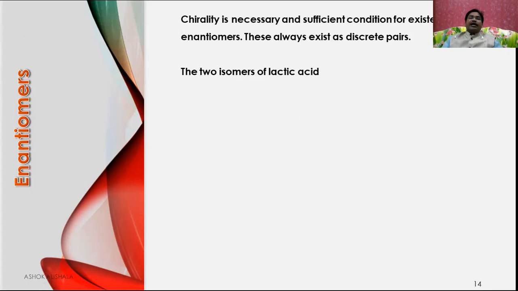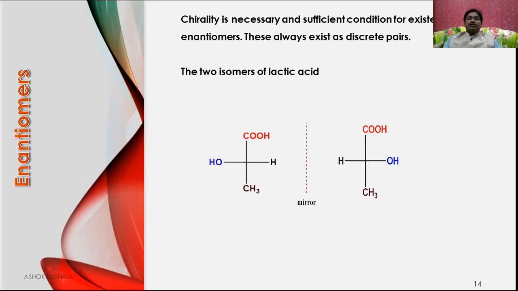Now let us see. Chirality is a necessary and sufficient condition for the existence of enantiomers. These always exist as discrete pairs. The two isomers of lactic acid: if you observe, this is the lactic acid. Now let us place a mirror. Then what happens? You see what may be its image. Can you assume this is its mirror image?